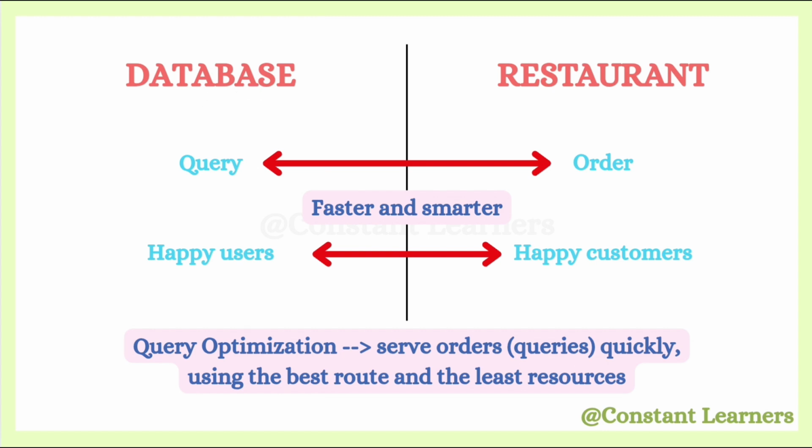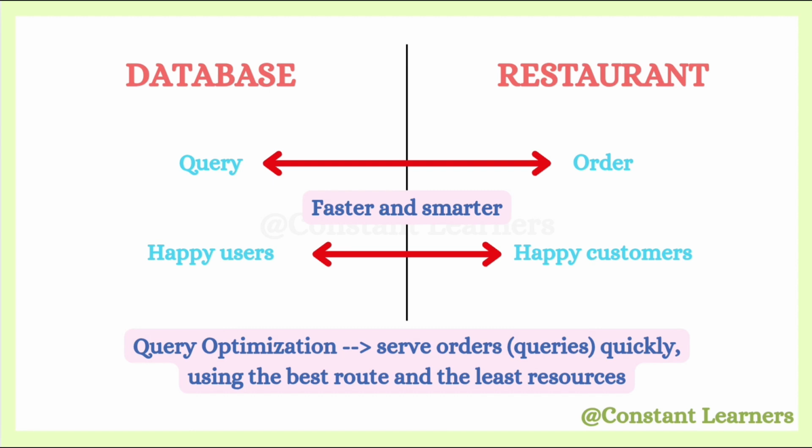Imagine your database as a busy restaurant. Every query you write is like an order sent to the kitchen. The faster and smarter the kitchen handles the orders, the happier your customers, that is your users, will be. But what if the chef is confused and runs around looking for ingredients every time instead of having them organized and ready?